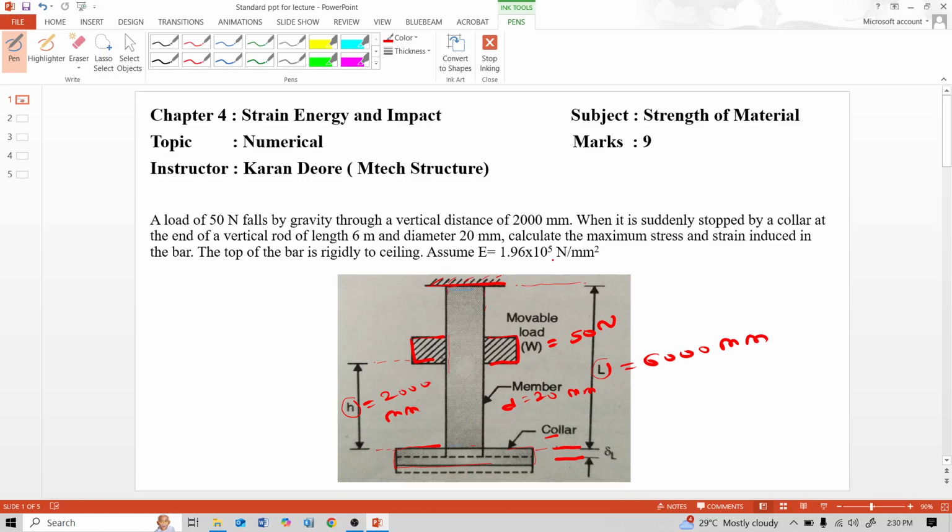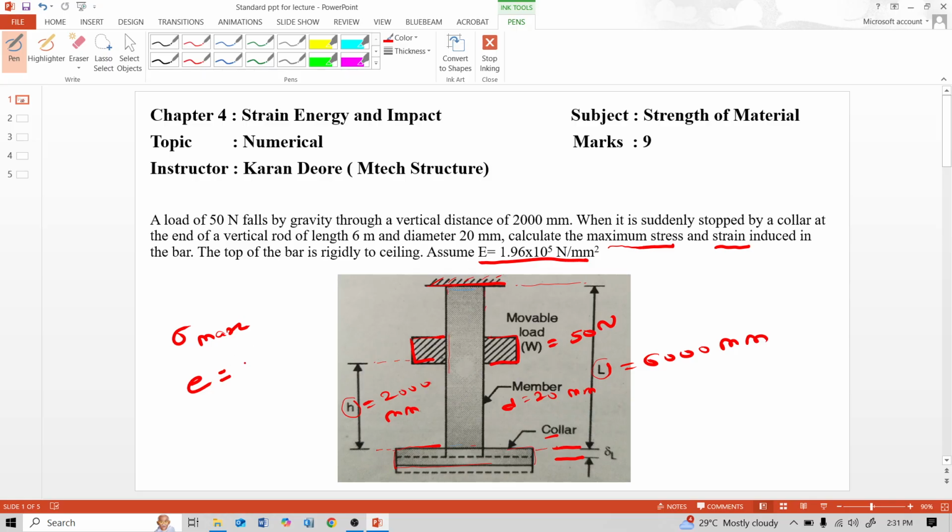And they also tell us that modulus of elasticity is 1.96 into 10 raised to 5, and our problem statement is to calculate maximum stress and strain. That means this sigma max and strain e.